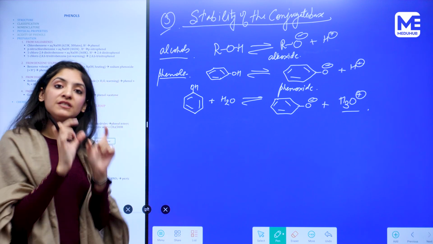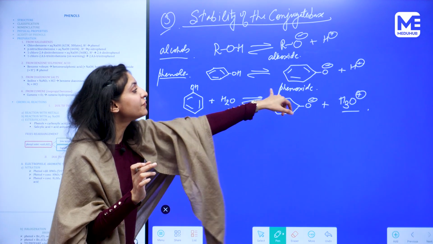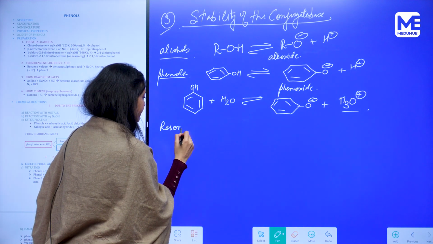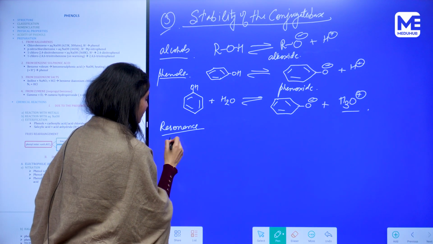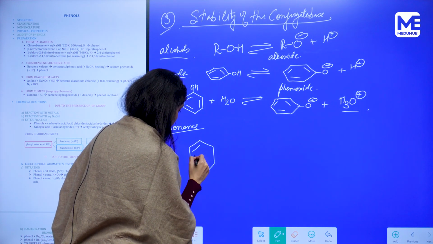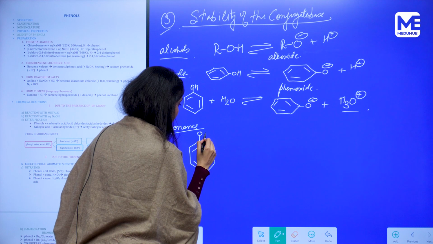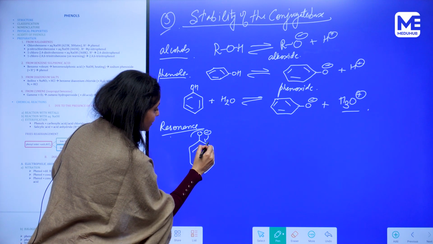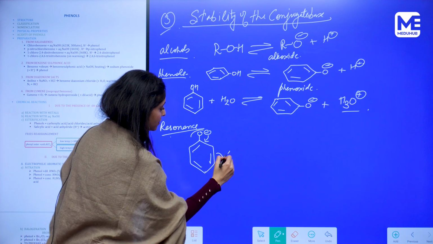Now, there is special stability associated with the phenoxide ion. How so? Because of resonance. If we draw the resonating structures, this is a phenoxide ion. This negative charge moves here, this moves here.